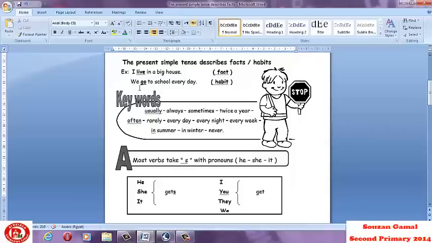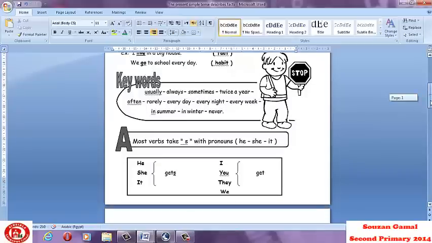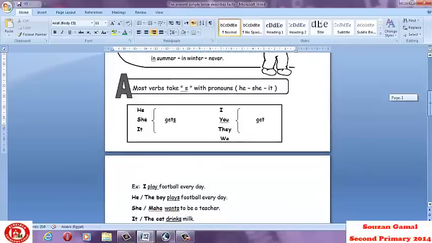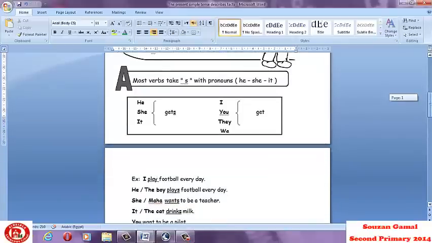I say we go to school every day. I don't say we goes to school. Okay? So, what are the key words? If you saw in the sentence the word usually, always, sometimes, every day, all of these are the words. If you saw them in the sentence, you will have to use the s or the es with he, she, and it.